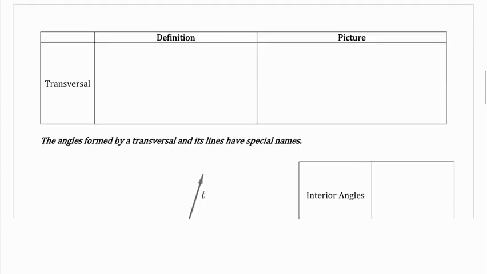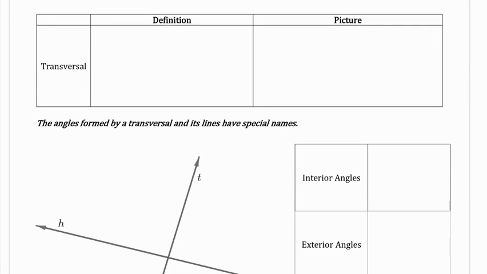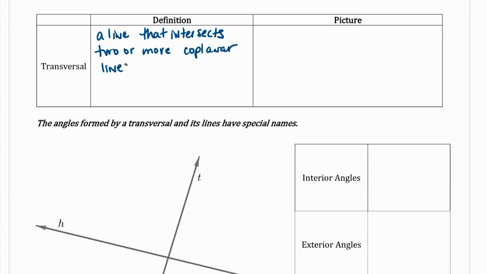Okay, there is one other type of line we're going to talk about and we'll use quite often over the next several units and through a lot of the rest of geometry, and that's called a transversal. A transversal is a line that intersects two or more coplanar lines in different points.